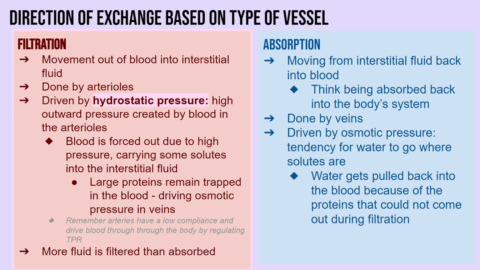So blood is forced out, carrying some solutes into the interstitial fluid. Large proteins, like albumin we learned about last week, for example, stay in the blood. They cannot leave by filtration. And more fluid is filtered than absorbed.